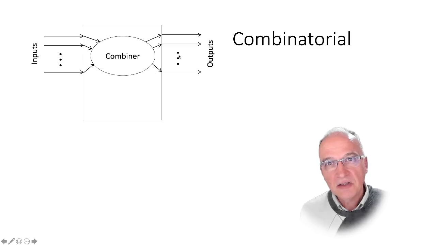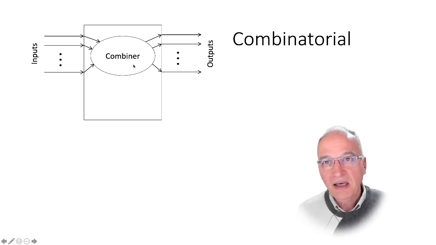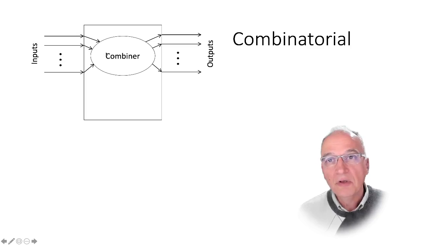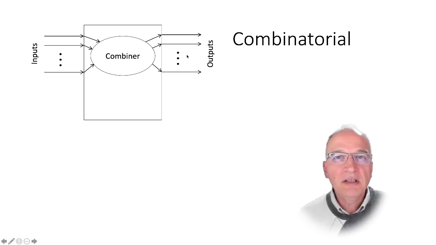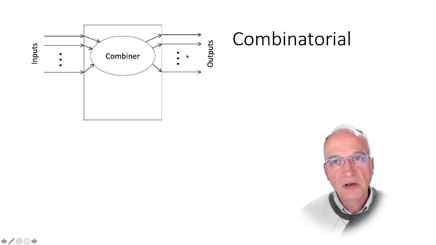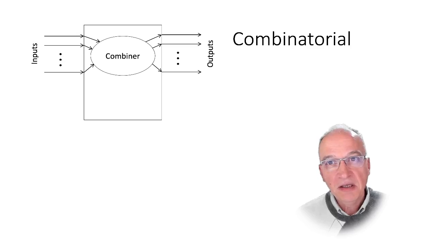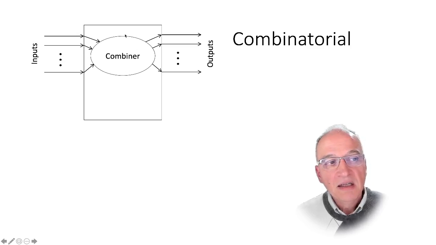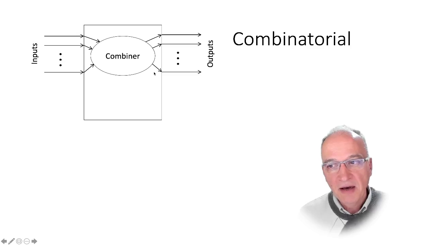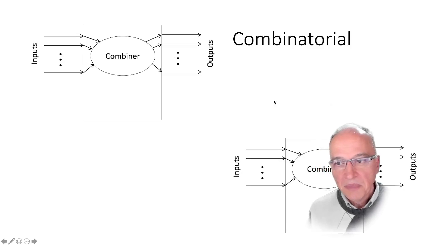In reality, it's not, because there is a delay in propagating the signal through the different logic gates in my combiner to go from the input to the output. We already talked about this delay when we talked about the adder, and this will happen here too. But the fact is that there is no holding back a change in the input. It will eventually affect the output after a certain amount of delay.